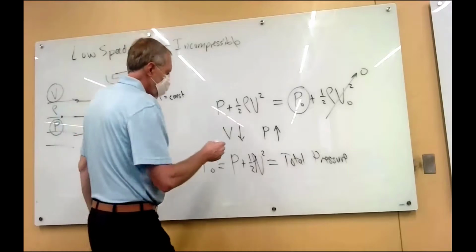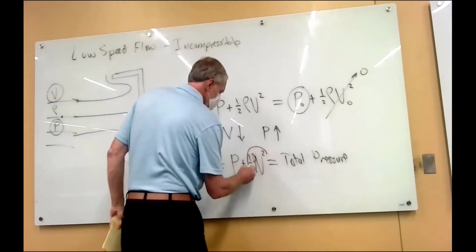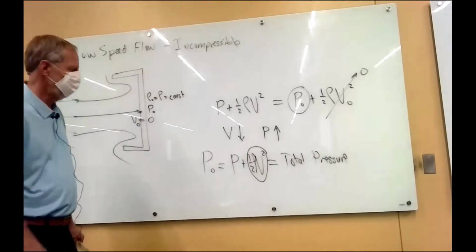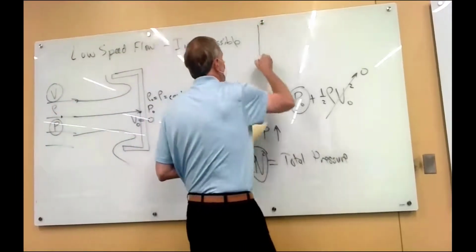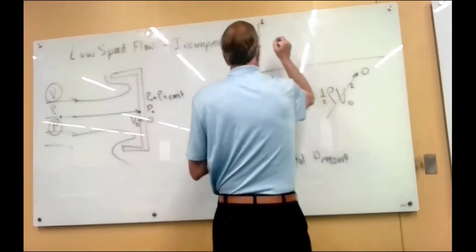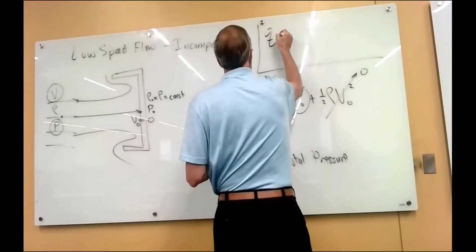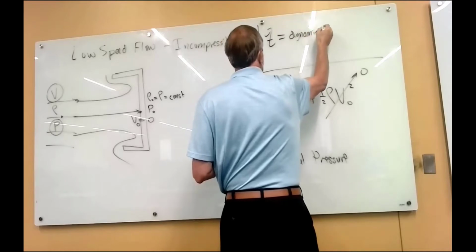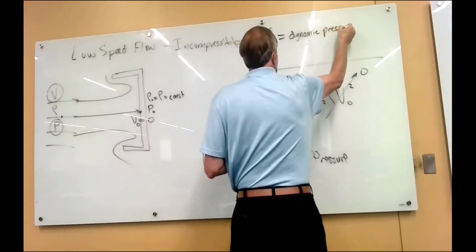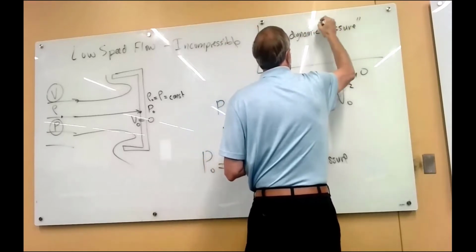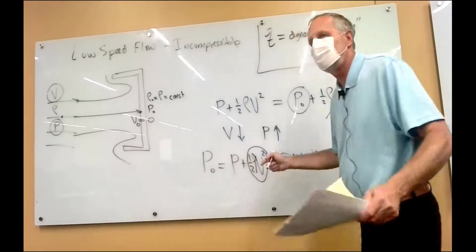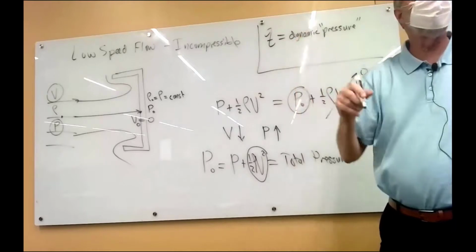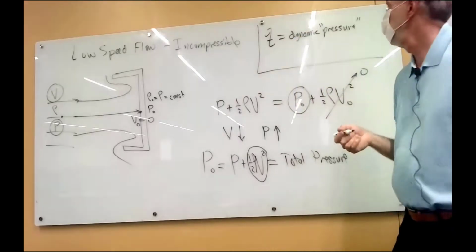And then we're going to call this term here, because it shows up in Bernoulli's equation all the time, I'm going to write up here so it's up higher, we're going to call this Q. And you can put pressure in quotes, but it's called dynamic pressure because if you slow the flow down, you get that much additional pressure from the velocity.